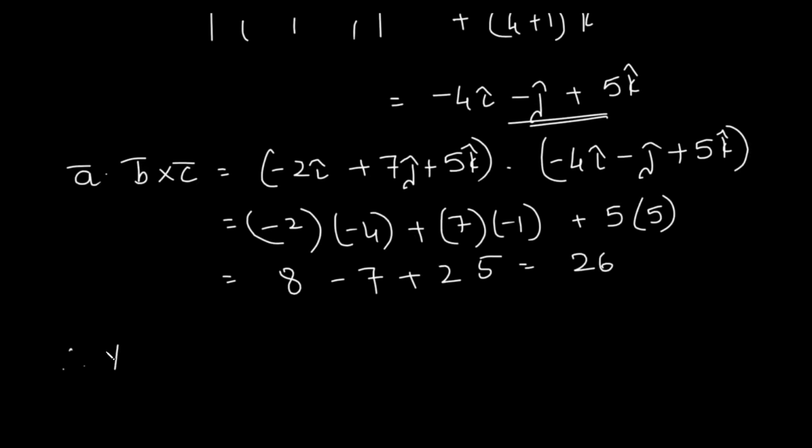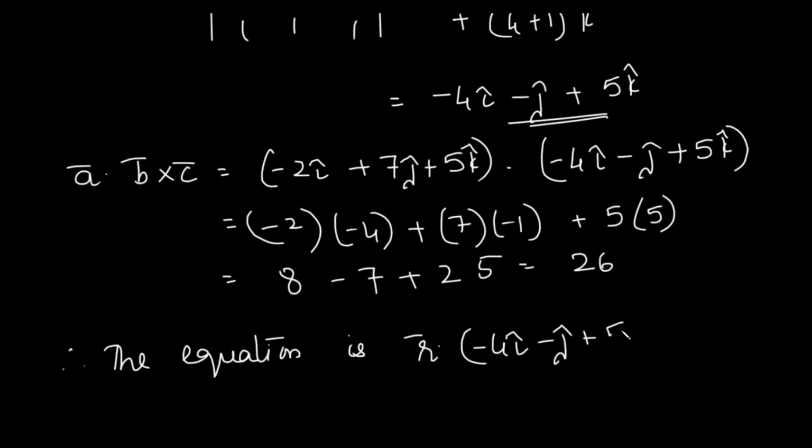Therefore the required equation of the plane is r dot (minus 4i minus j plus 5k) is equal to A dot B cross C, which is 26. So this becomes the required equation.